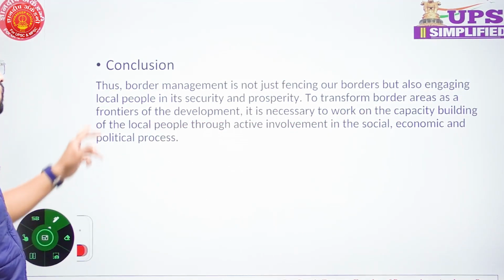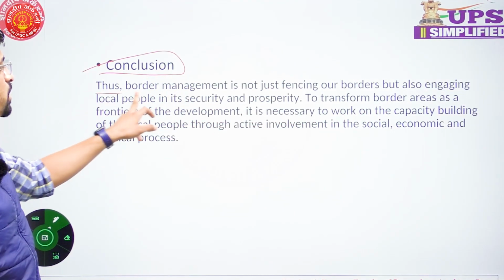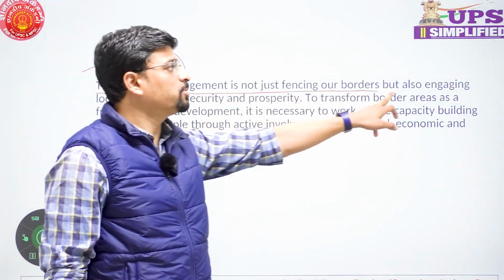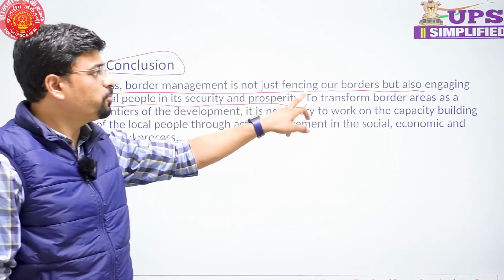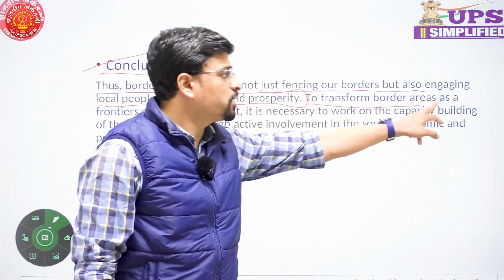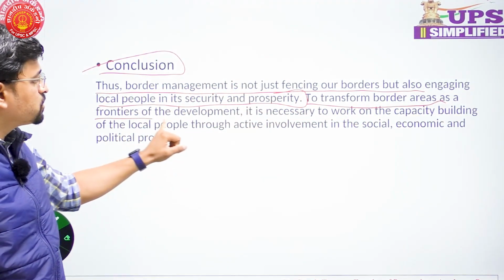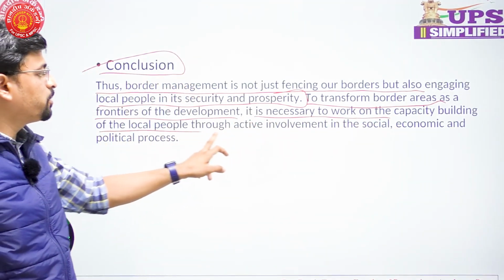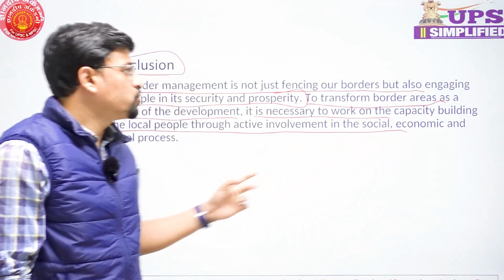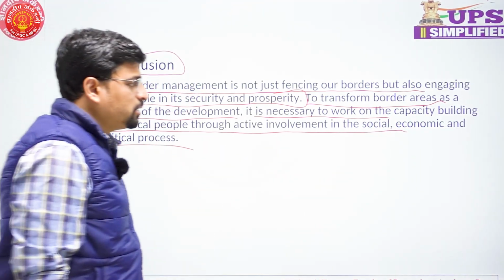And lastly, the conclusion: border management is not just fencing our borders but also engaging local people in its security and prosperity. To transform border areas into frontiers of development, it is necessary to work on the capacity building of the local people through active involvement in the social, economic and political process.